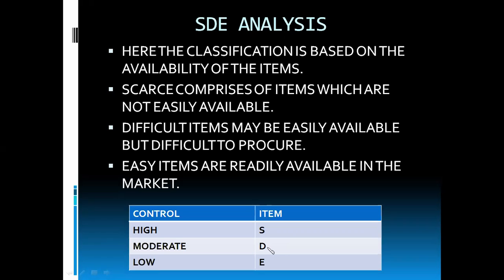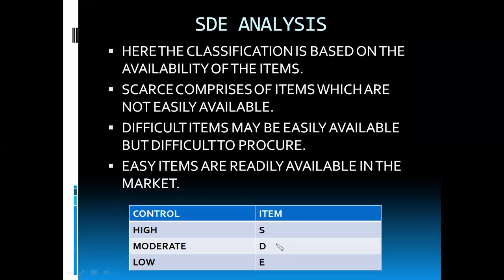So in this case, we have to exercise more control over scarce items because they are not readily or easily available, moderate control over difficult items, and low control over easy items because they are easily available. Even if we place an order immediately, we will get those items from the supplier.